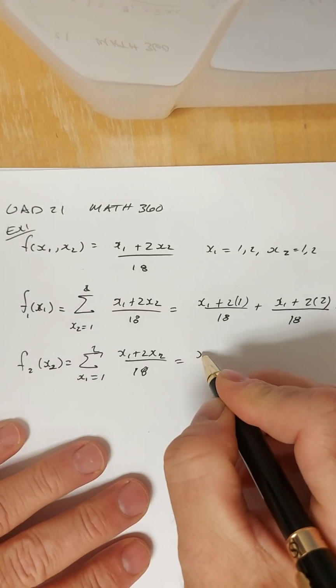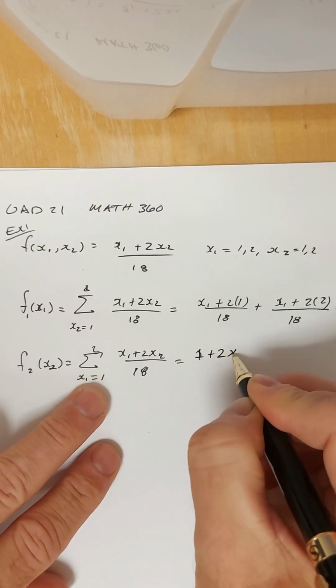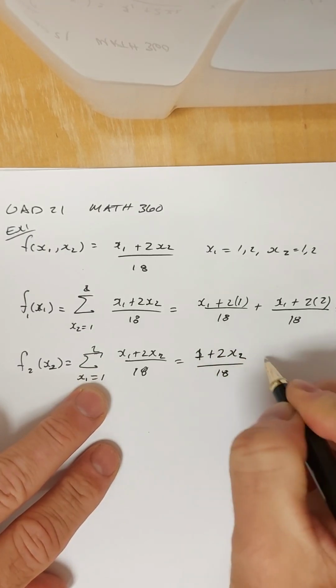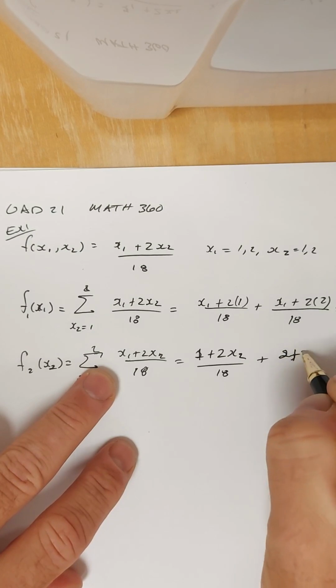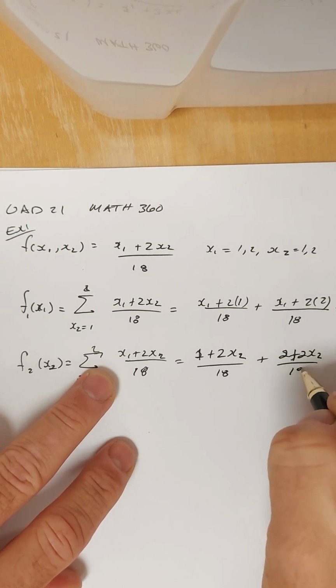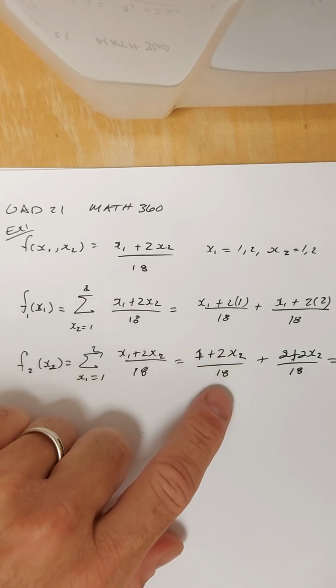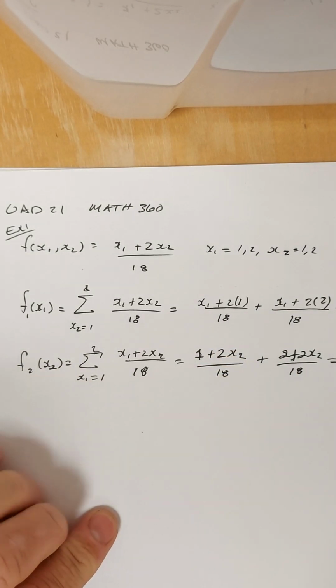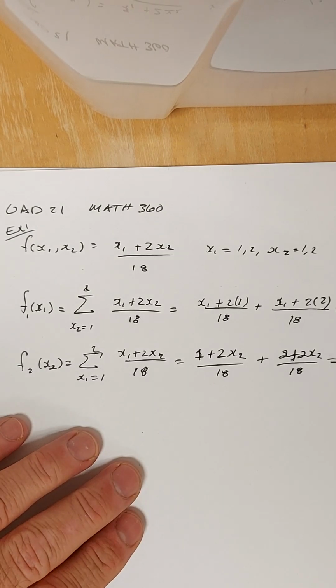So this is going to be 1 plus 2x2 plus 2 plus 2x2 over 18, which is going to give me 3 plus 4x2 over 18, and then x2 here is also going to be 1 or 2.